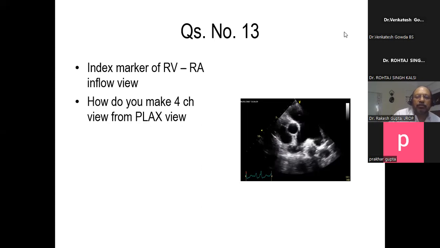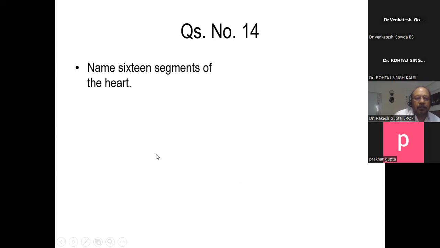Just hold on. Don't go away. Name the 16 segments of the heart, Prakhar. So starting from the apex level: anterior, inferior, lateral and septal.